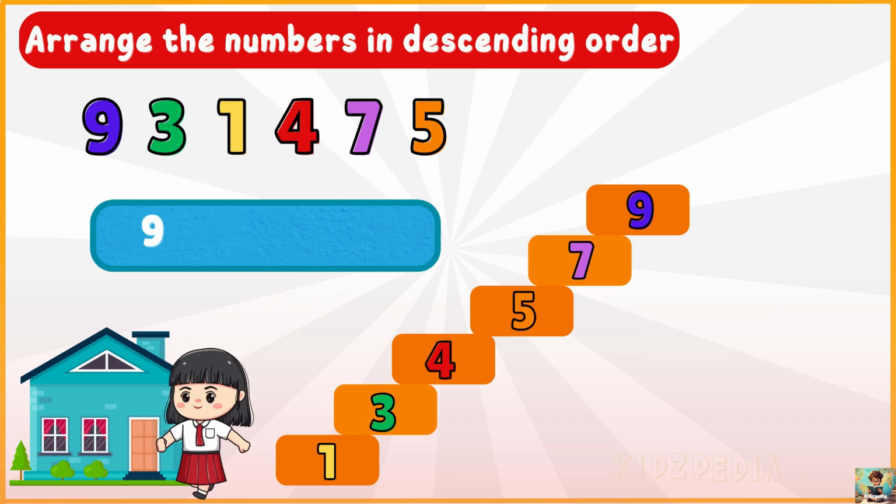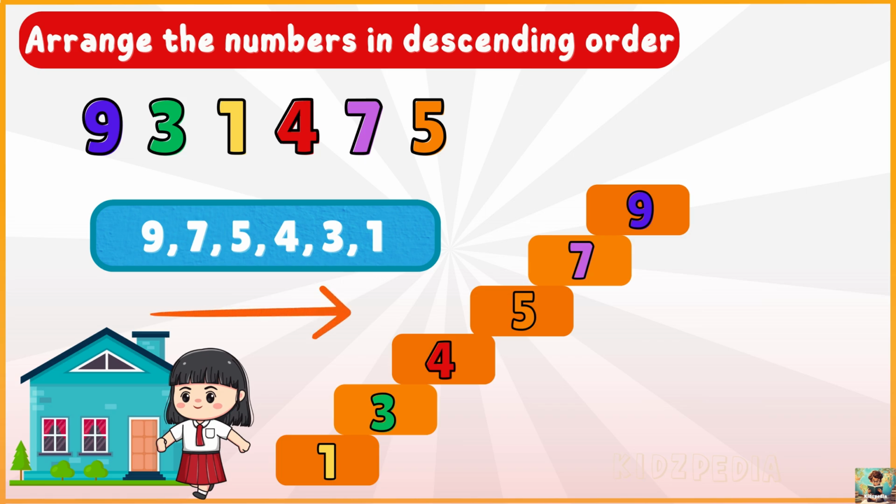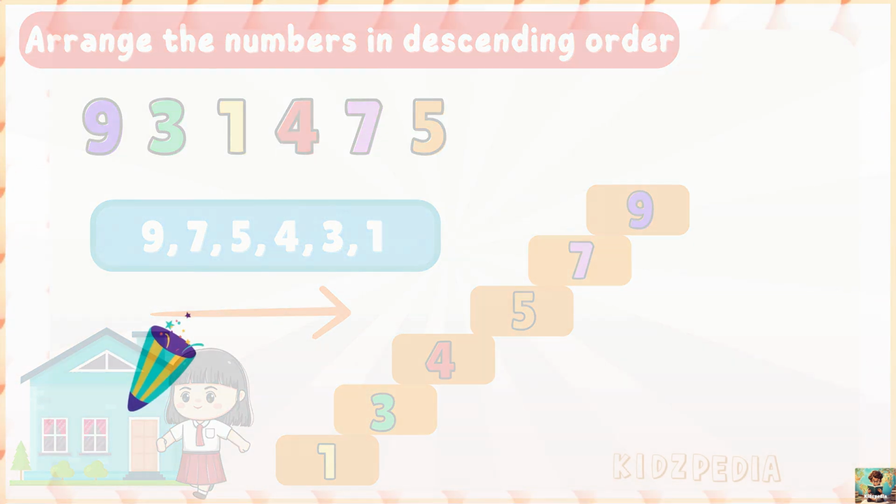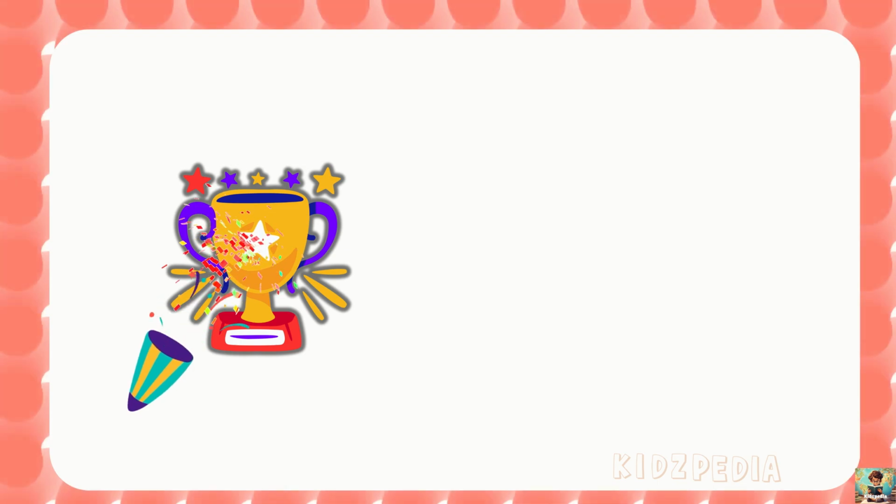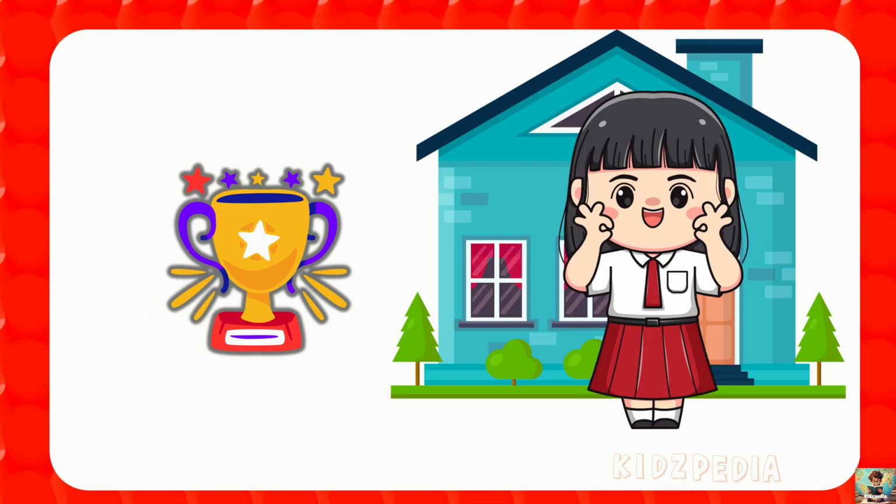Now the numbers 9, 7, 5, 4, 3 and 1 are in descending order. 9 is the biggest number and 1 is the smallest number. Big to small. Well done! Little Joe has reached home.